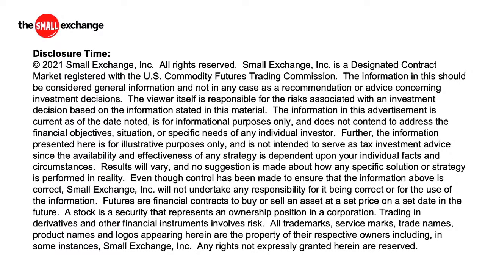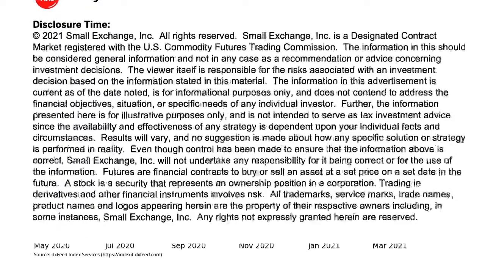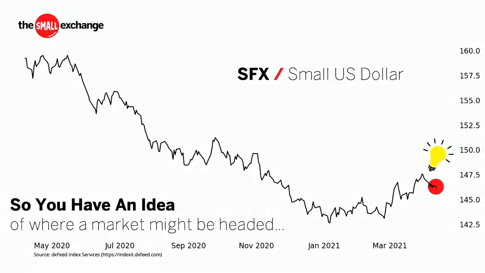But with this disclosure in front of you for a couple more seconds, we can move on to the fun stuff here, what you came for, which is t-shirts and a trade entry checklist, because it all starts with an idea, right? Hopefully when you go to your platform, when you go to a specific product, a specific market, futures, options, just outright stock and ETFs, you have some idea of where a market might be headed.